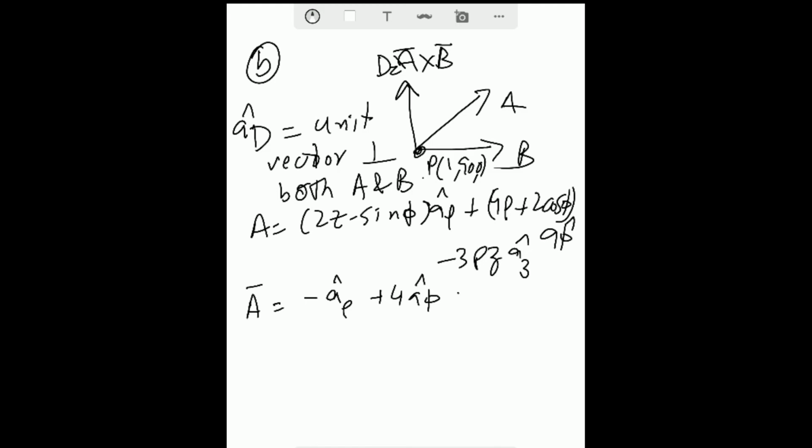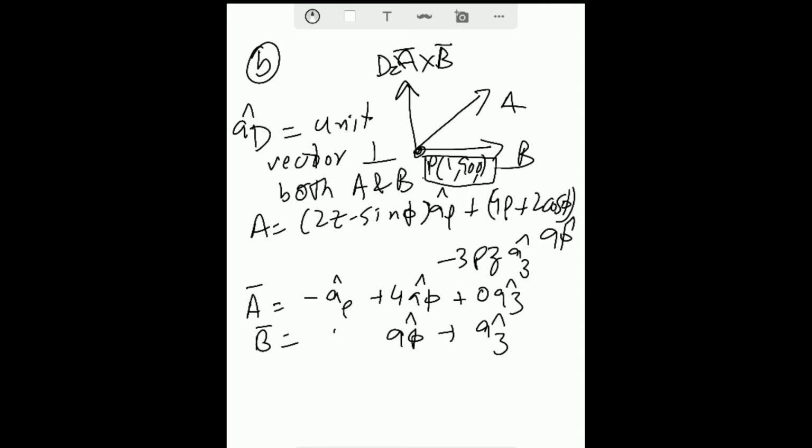plus 0 a_z. So there is no z component, and rho is equal to 0, so it will be just a_phi plus a_z, and we can calculate it by using this point and these two vectors.